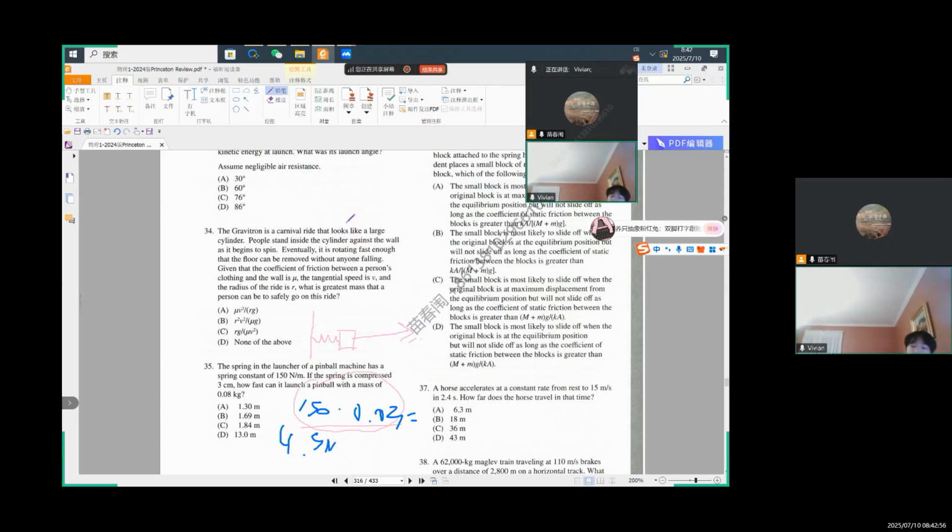But don't you need distance for...? Oh wait, you have the distance at 0.03. The energy is 1/2 kx squared. Oh, yeah. 1/2, and then 0.03.